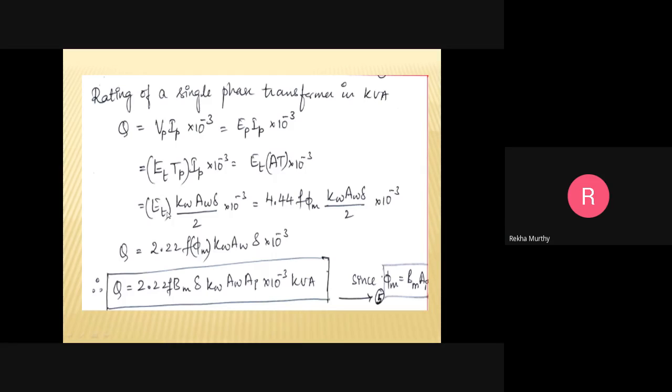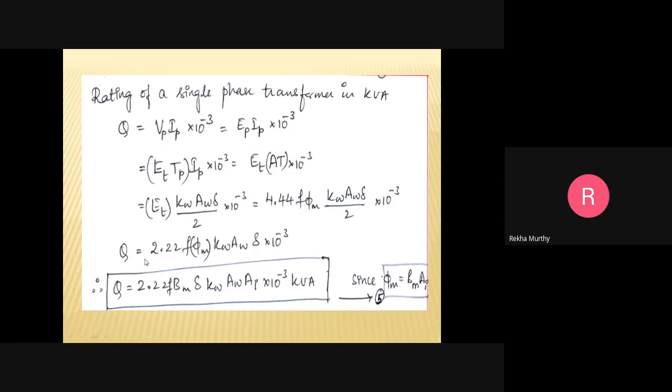Then finally you simplify this further. What is the ET formula you have written? EMF per turn, ET, is 4.44 F into psi m.